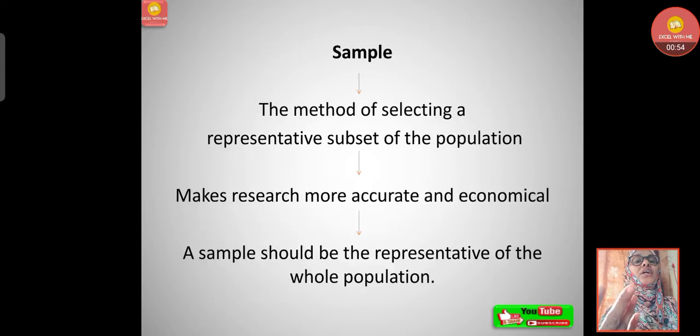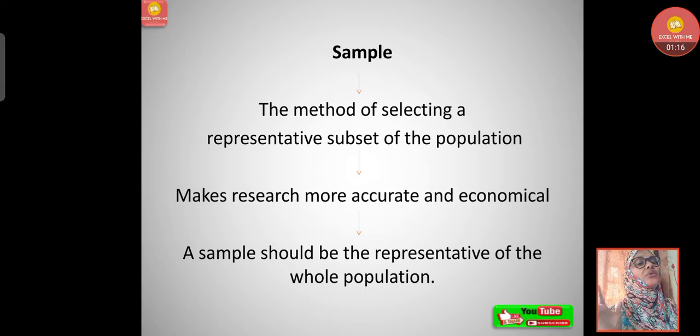So here what we understand by a sample is the method of selecting a representative subset of the population, that is, they are representing the whole population, a subset of the whole number of population. That makes research more accurate and economical.